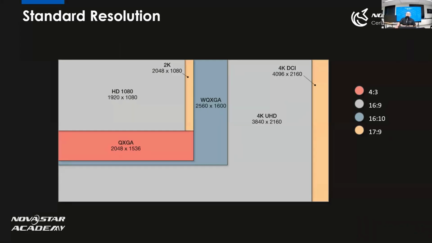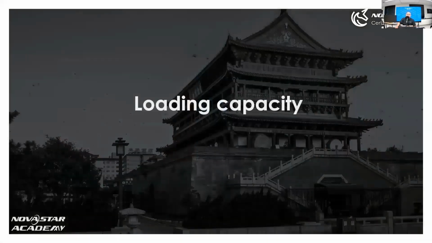Okay, then we are going to talk about the loading capacity. The loading capacity will influence how many cabinets we can connect for each single output and how many controllers you need for one project. So here we need to know what the loading capacity is, and when we talk about the loading capacity, we don't care about the pixel pitch or the physical size of the screen.